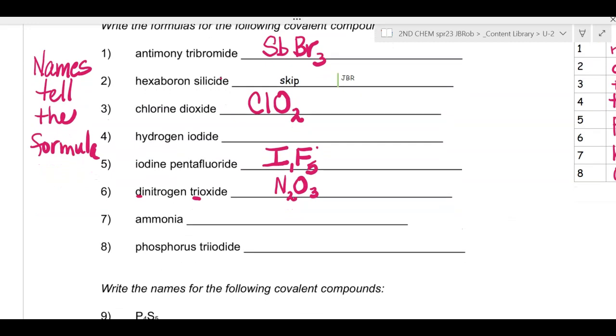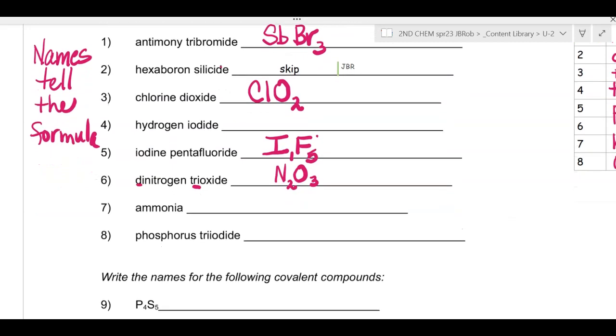Now, this next guy, ammonia, doesn't have a name that tells you its formula, right? Remember I told you that this name came from the times when the alchemists were doing chemistry, before modern chemistry. So if you recall, this one has the formula NH3. So this is something you have to know by memory. Now phosphorus triiodide.